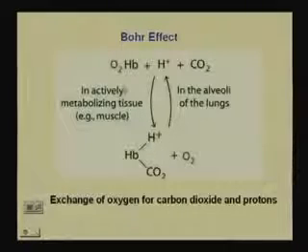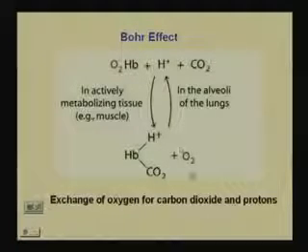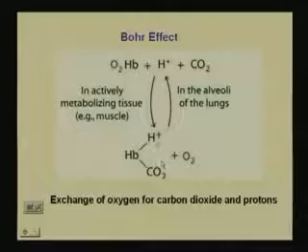Okay, so essentially what is going to happen now is you are going to release the oxygen and it is going to become deoxyhemoglobin, but it is going to be associated with the carbon dioxide and the H+. Eventually, what is going to happen to the pH?